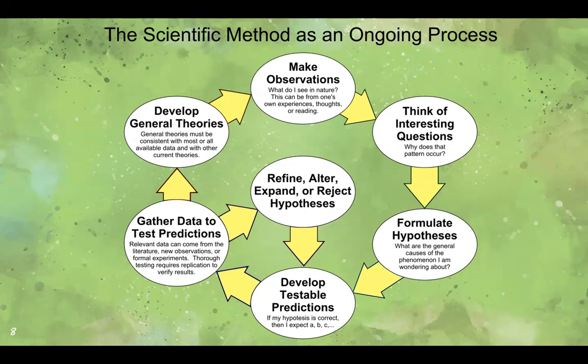So let's go through these. The first step is to make observations. Now, when I say make observations, you are looking at natural phenomena that you see in nature or the world around you. So it says here, this can be from one's own experiences, thoughts, or reading.